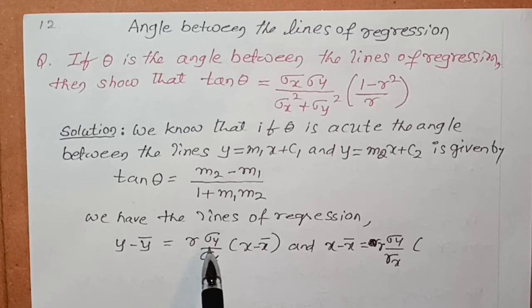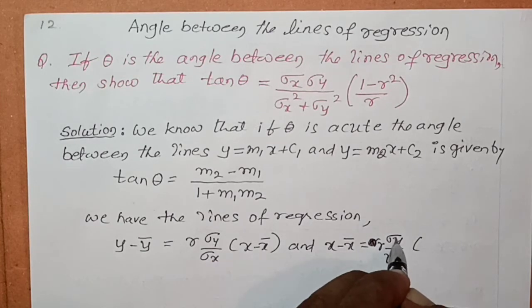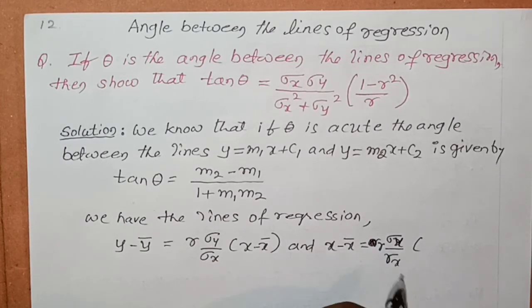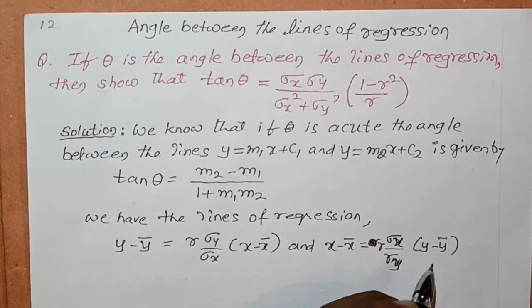So we have the lines of regression: y minus y bar is equal to r into sigma y divided by sigma x into x minus x bar, and x minus x bar is equal to r into sigma x divided by sigma y into y minus y bar.